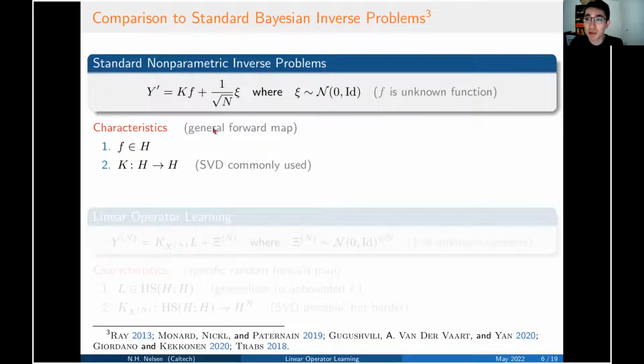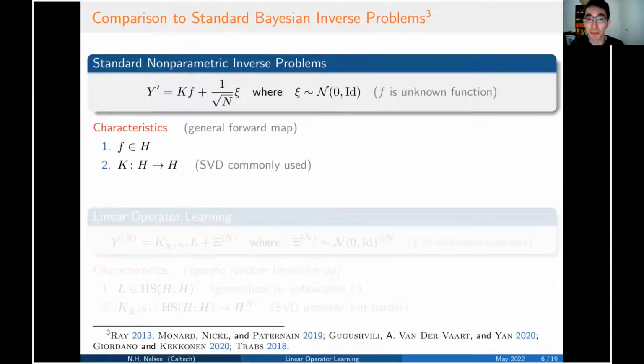Let me highlight some of the characteristics so I can contrast it to our setting. The first characteristic is that this map K is a general forward map. It's not really constrained, other than the fact that it's a map between those Hilbert spaces. Typically it's defined by your forward problem of interest, such as mapping the initial condition to the solution at time t.